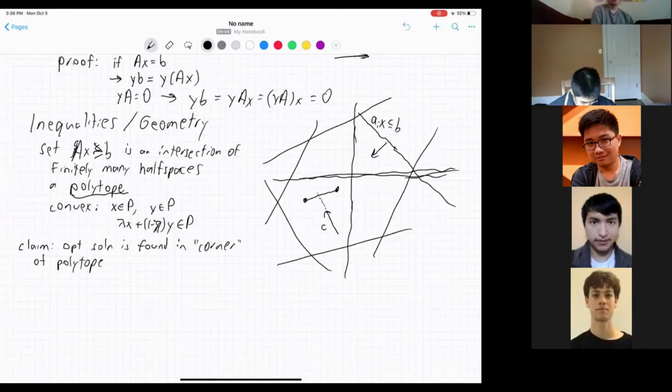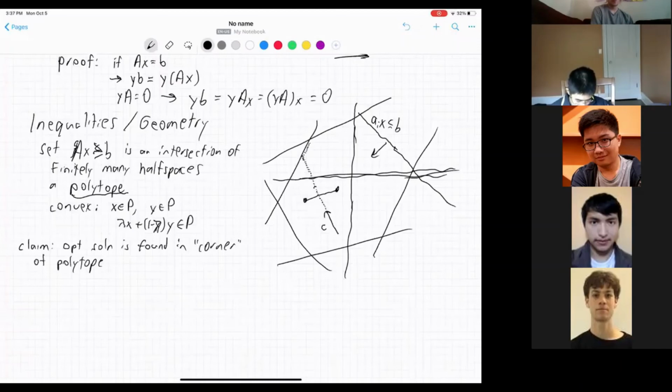So the obvious thing to do is to start somewhere in the polytope and then move in the direction that improves the objective function, right? And I'll keep moving until I hit some constraint of the polytope, okay? Is this going to be the optimum? Well, not necessarily. Hitting this constraint stops me from moving in my original direction, but there still appears to be a direction in which I can move that improves further on the value of my objective function, right?